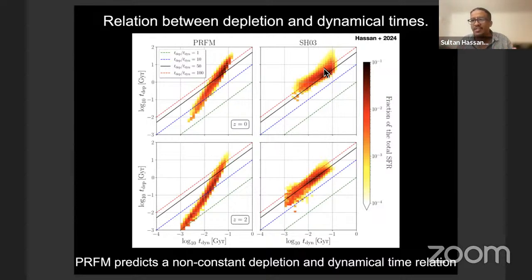These are some reference lines. And TNG50, this model has been tuned to this, so it's not surprising that it reproduces this. But in our case, we have this nice prediction that as you go to smaller dynamical time, you get even smaller depletion time, which means that you don't predict a constant relation between the dynamical time and the depletion time, which has very nice implications.